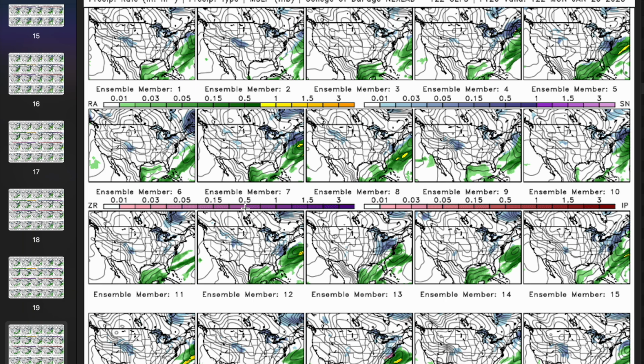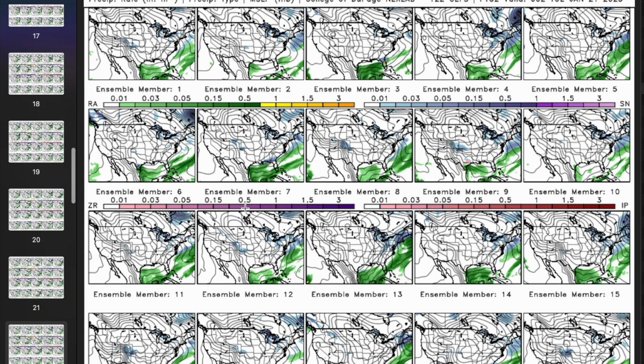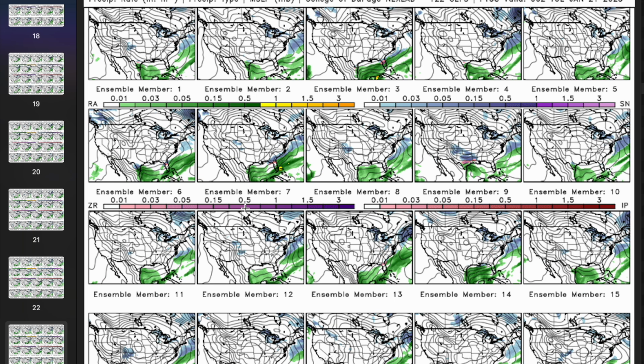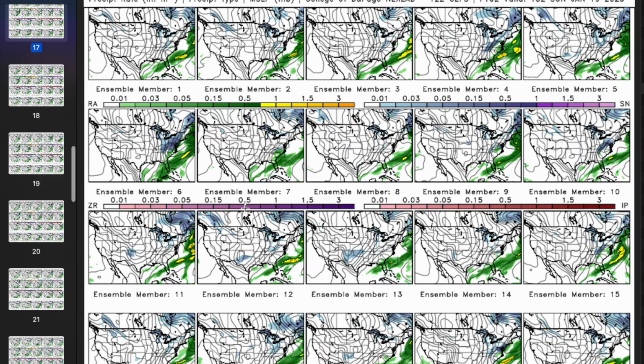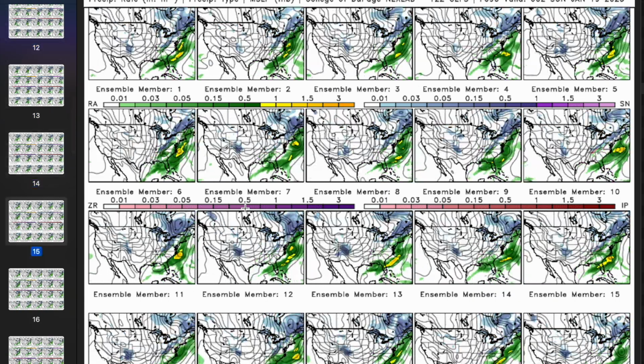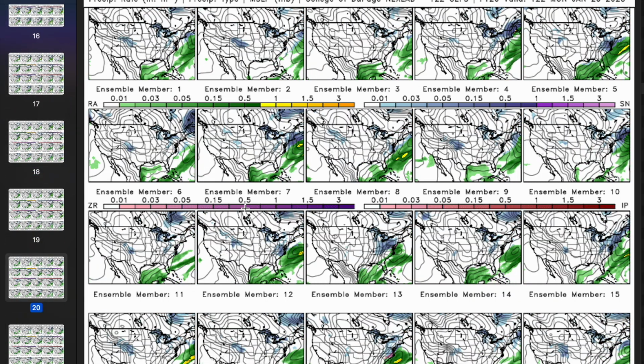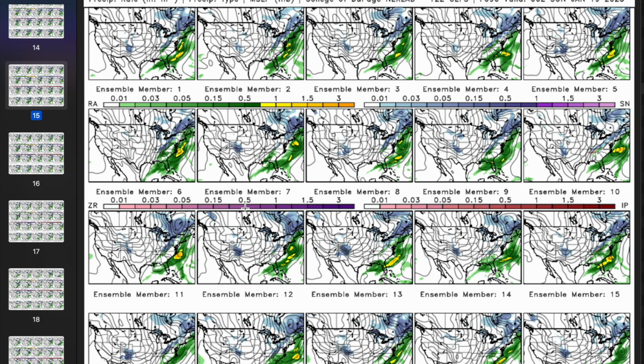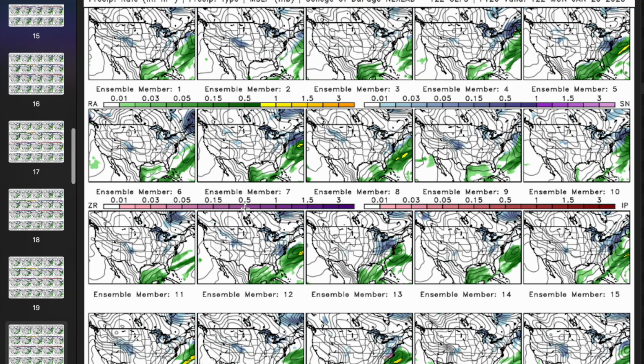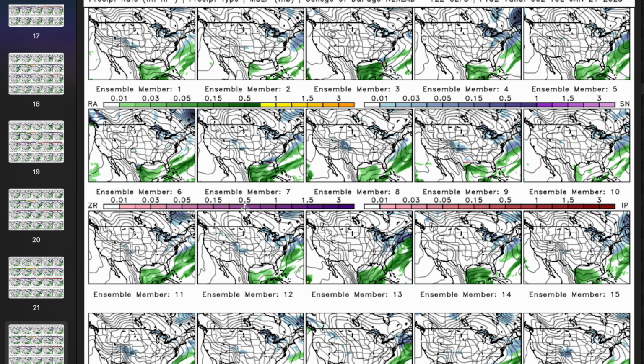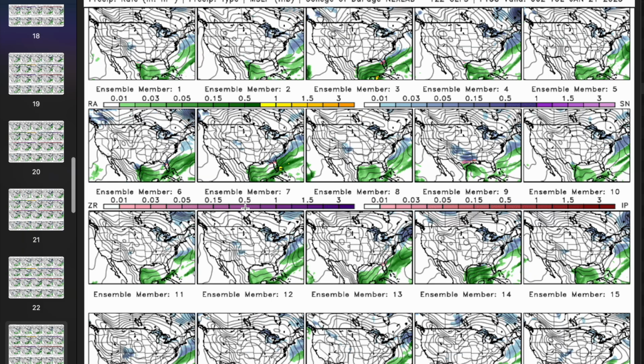But if it does happen, snow is likely because of how much cold air is in place. And this is pretty much what that time frame is. Looking at this is late Sunday into Monday morning. That time frame, if there's a low pressure being developed off the coast of the Carolinas somewhere, then snow is possible on the backside of that.